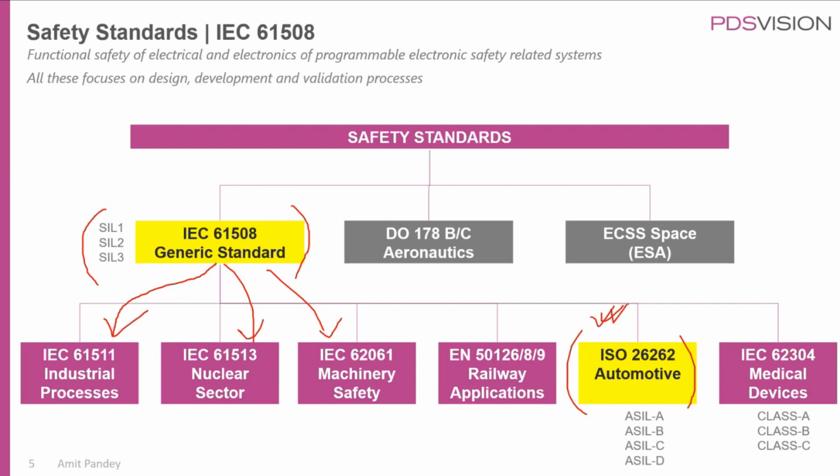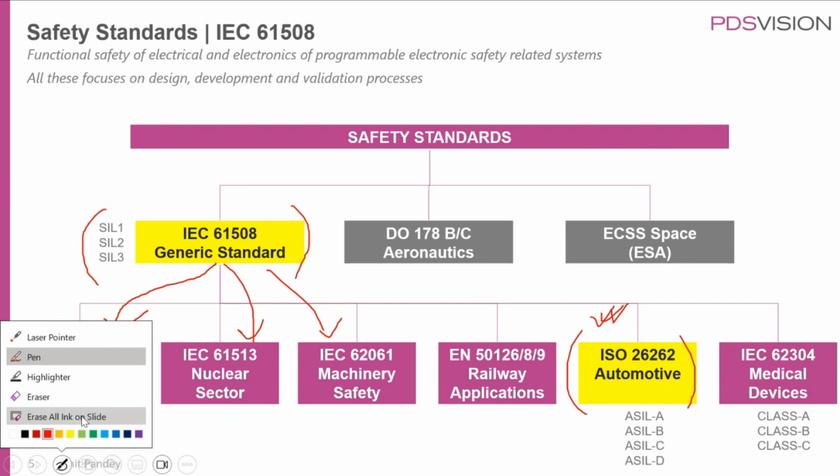Such hazards, if they are not coming from the malfunctioning of electrical and electronic systems, are not part of 26262. Just wanted to highlight that this is more about functional safety with respect to the electrical and electronic systems, which have embedded software below them.